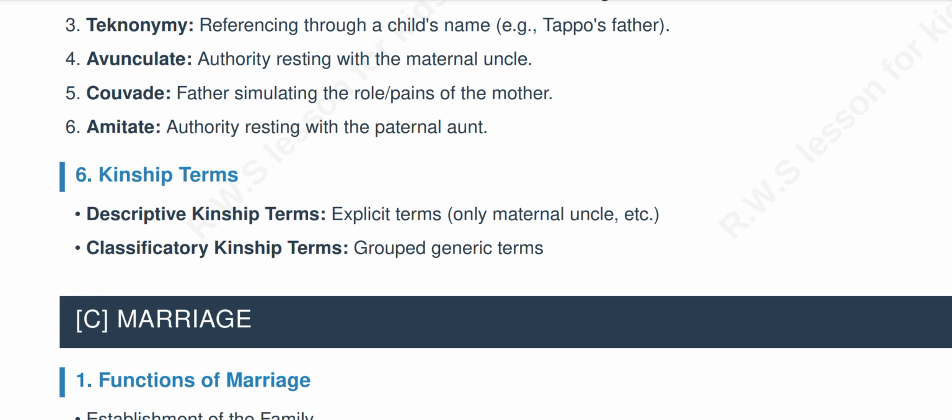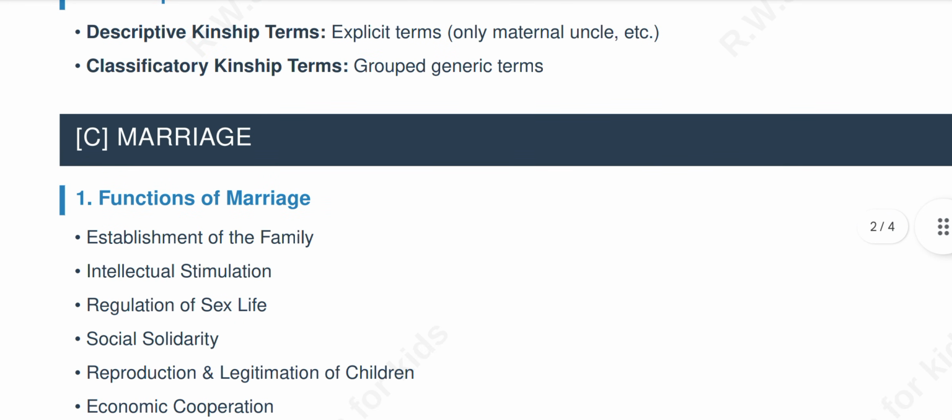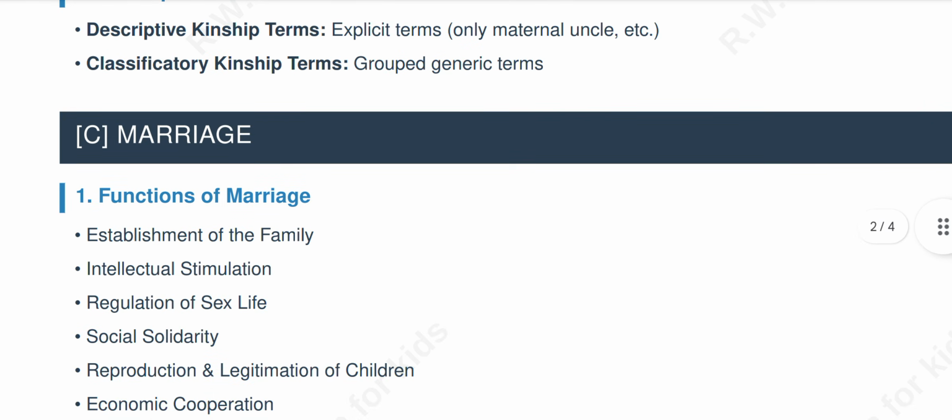When we say maternal uncle, we are explaining it, being precise, and when we say only uncle, we are grouping. It can be either your maternal uncle or your paternal uncle, that doesn't matter. But in the descriptive kinship, we name whether it's your maternal uncle or your paternal uncle. So the kinship part is done.